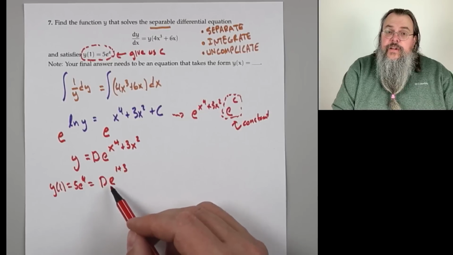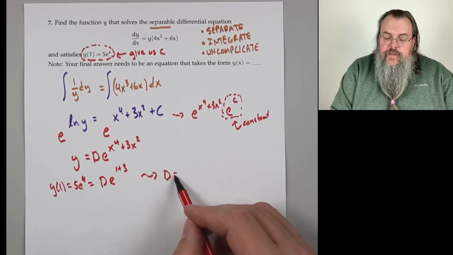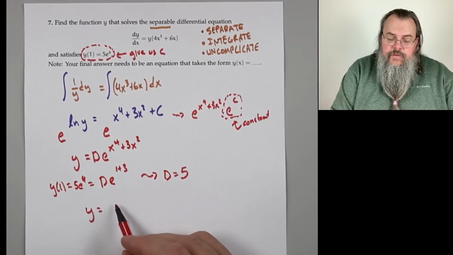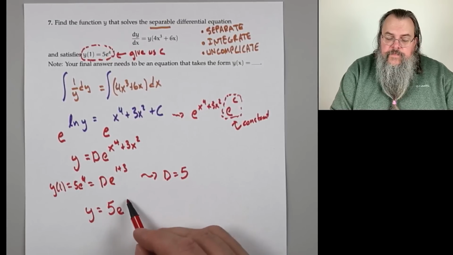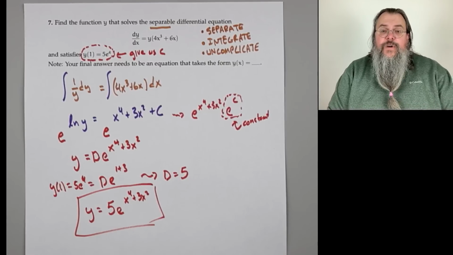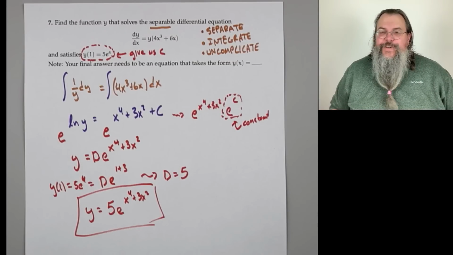Well, notice that's e to the 4th. There's an e to the 4th. So that tells us that d should equal 5. So we end up with y is equal to 5 times e to the x to the 4th plus 3x squared. Life is good. Life is wonderful. We have our answer. It's great.